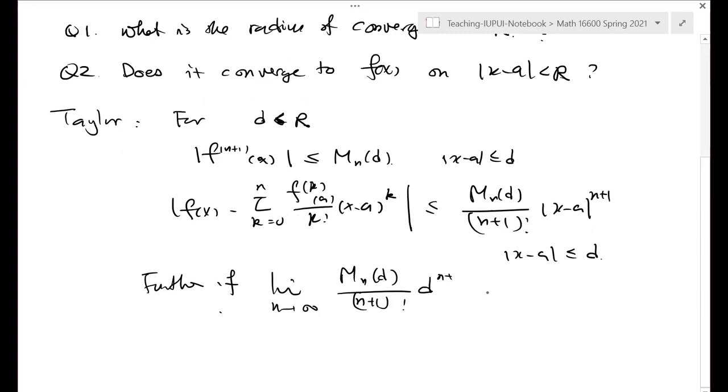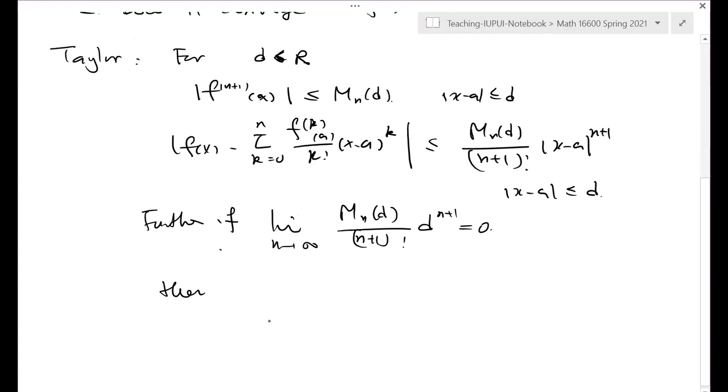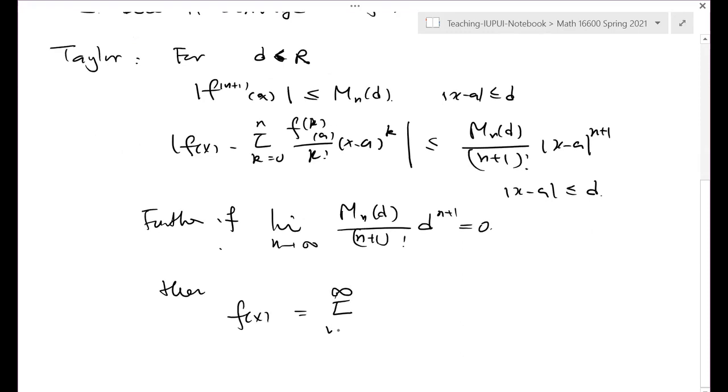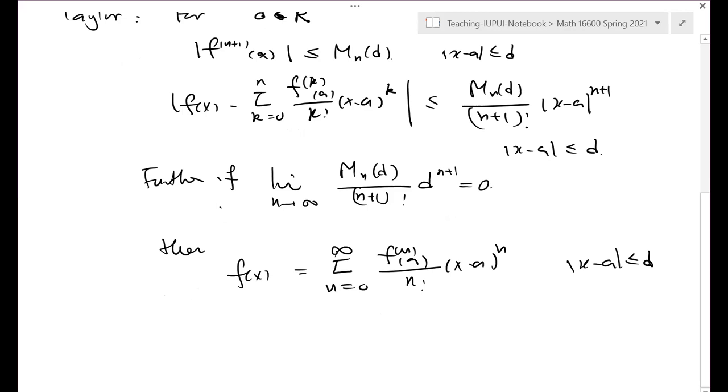When this is 0, then at least this function is going to be equal to the series for |x minus a| less than or equal to d. Now, if d is an arbitrary number smaller than r, then it holds on the whole interval. That's the idea, right? That's a characteristic result.